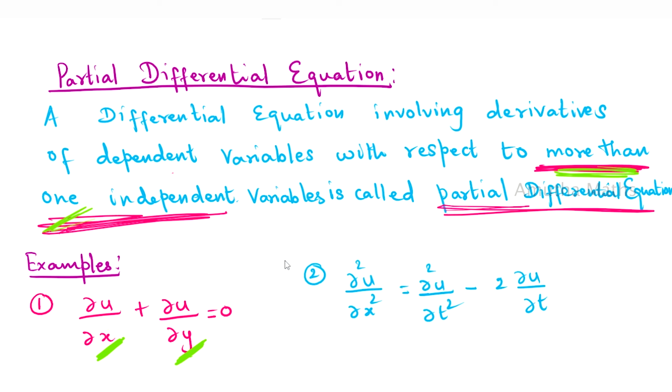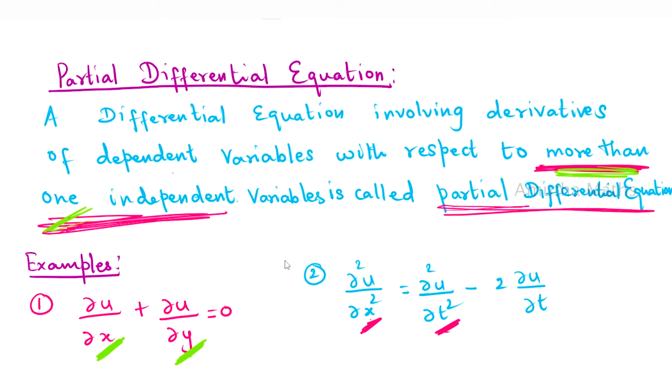Now you look at the second example. Dou square u by dou x square is equal to dou square u by dou t square minus 2 into dou u by dou t. Here how many independent variables are involved in this equation? Here the independent variables are x and t. Whatever is written in the denominator.